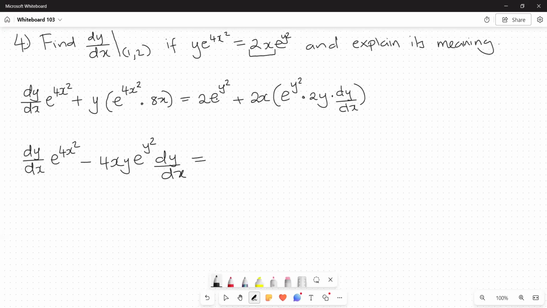This is equal to 2 e to the power of y squared, and then this term here goes to the other side. We have minus 8xy e to the power of 4x squared.